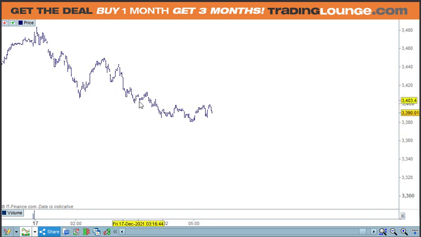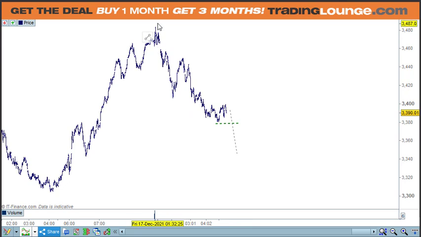We've got 1, 2, 3, 4, 1, 2, 3, 4, 5. So basically, if the market drops below this low here, then we'll be coming down further at that point. That wave 4 that I put at the top there will be correct.